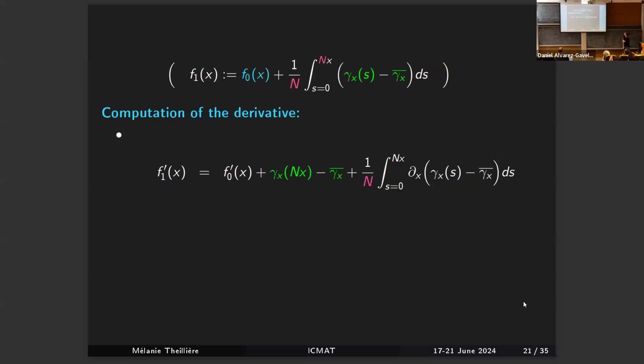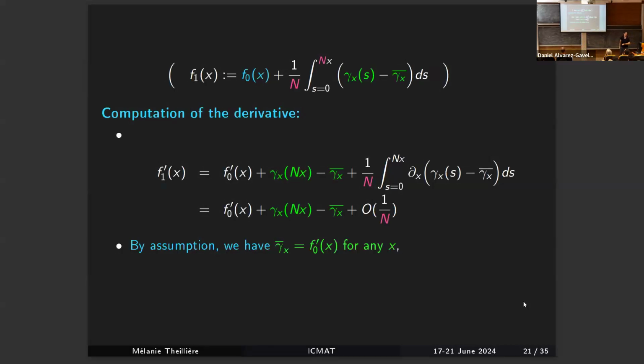And now let's take a look at the derivative. The new derivative is f0 prime, plus the term inside the integral, in fact the integral of the derivative of the loop. With the same idea as the first step, we don't care about this term because it's again one periodic, again bounded, and it's just a big O of 1 over n.